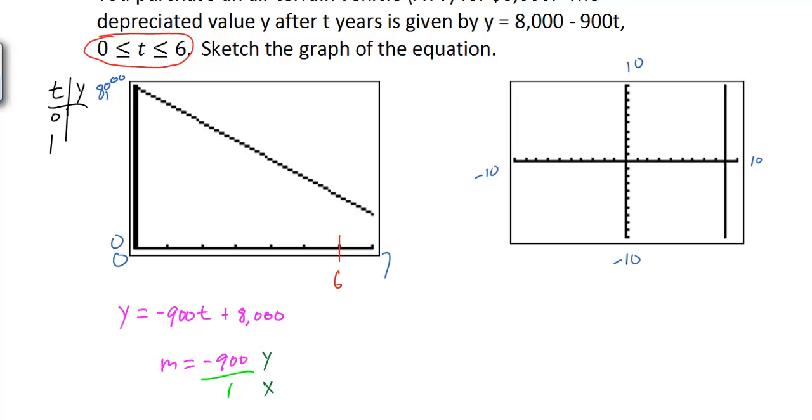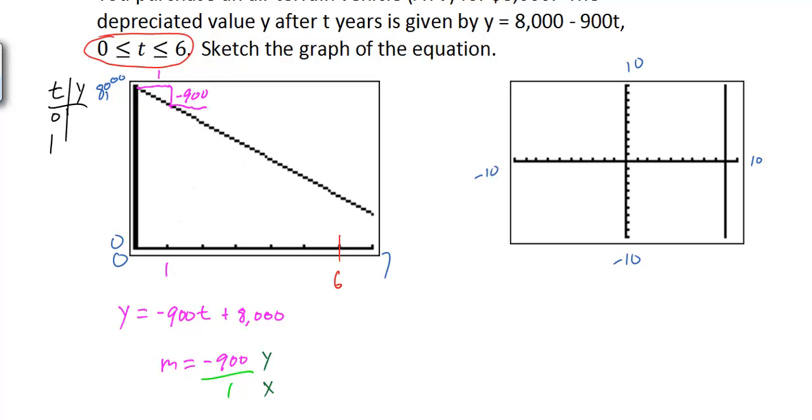So what that says is if we start up here at the top at $8,000 and we go over to 1 year, this is over 1 and then down 900. So that means the value of this ATV has decreased by $900 for the first year.